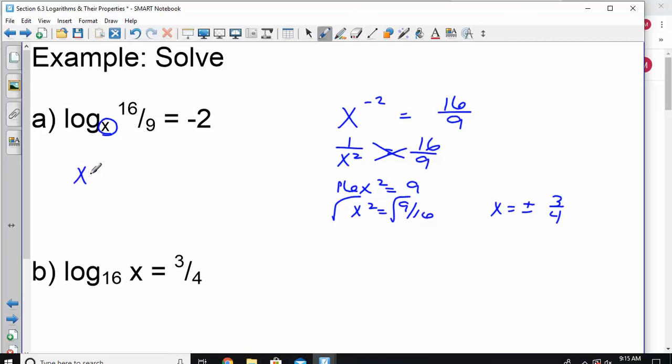Just the positive. So to get your x and negative 2, you always go across. So whenever it equals, it's always going to be the power. Yes.